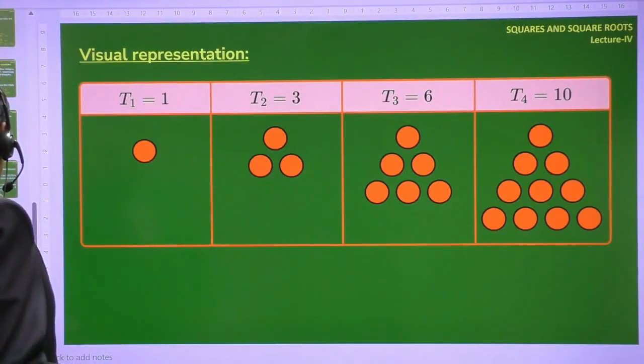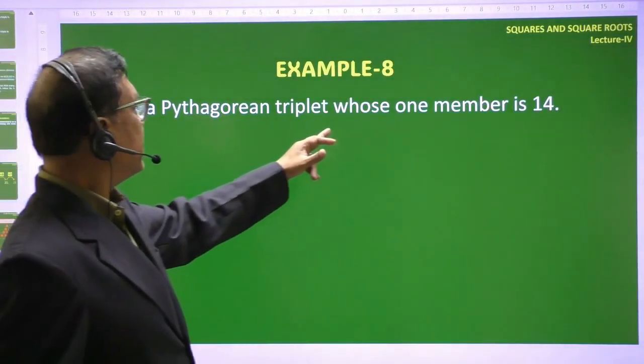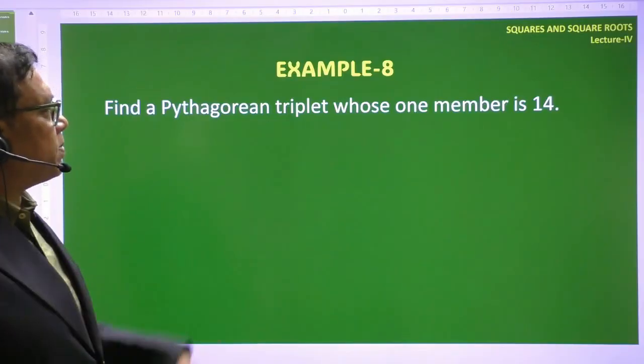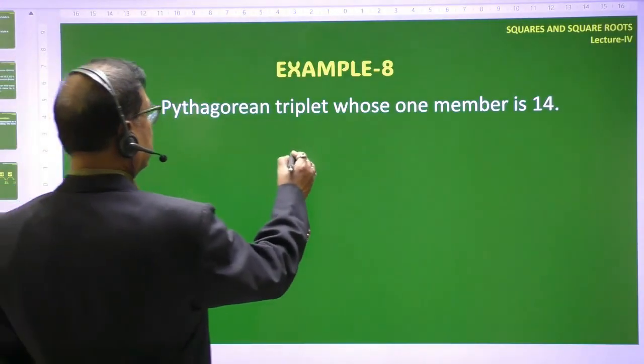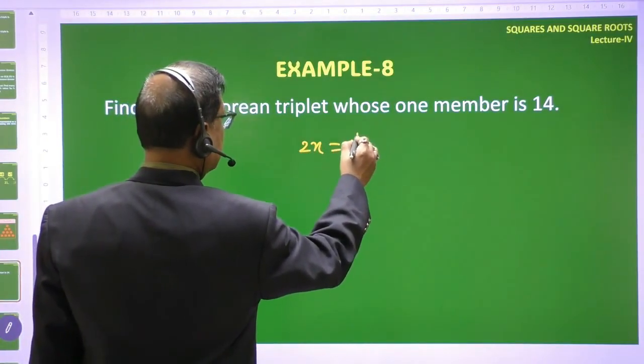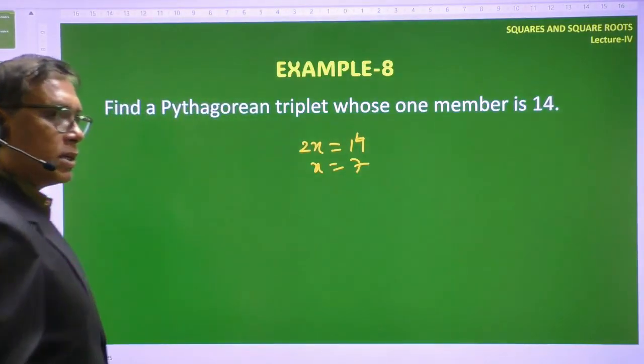Clear? Now example number 8. Find a Pythagorean triplet whose one member is 14. Since one member is 14, an even number, 2x equals 14, that means x equals 7. Clear?